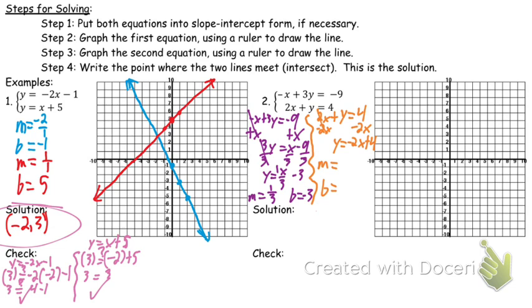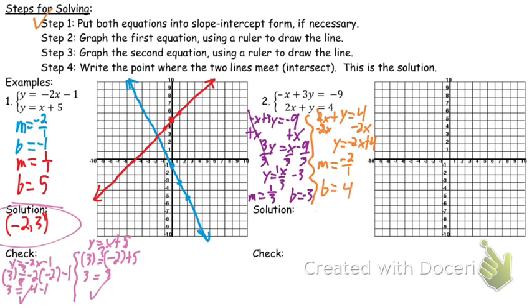Nope, not my m. It's y equals mx plus b. Yep, negative 2 or negative 2 over 1. And what's my b going to be, Tucker? That'd be 4. So now, did I do my first step, put both equations into slope-intercept form? Yes. So now, what am I supposed to do for steps 2 and 3?